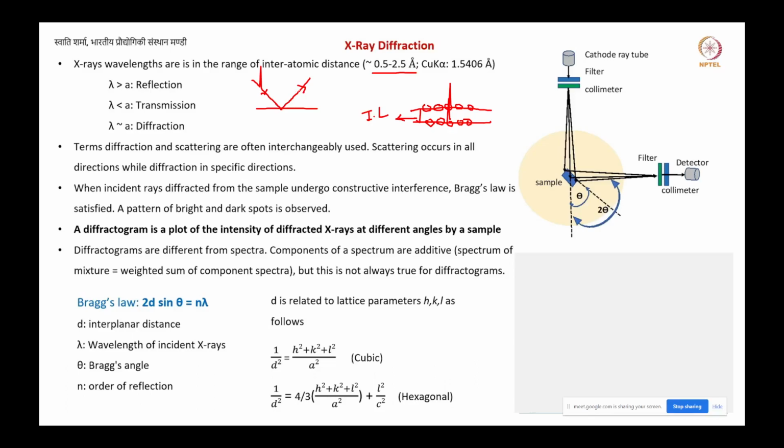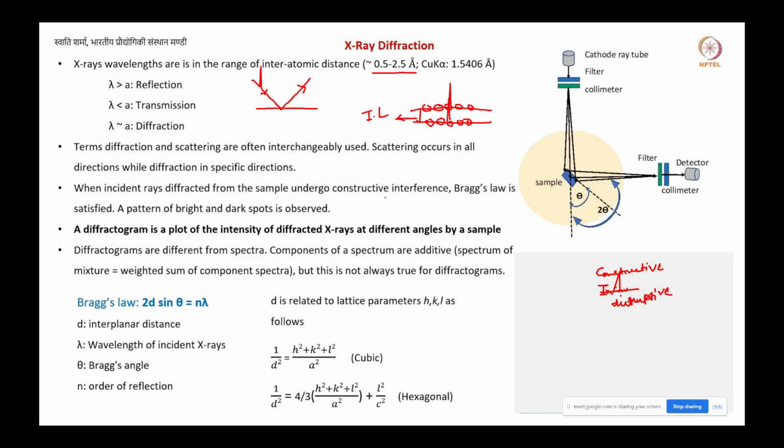Here a new term came, which is constructive, and the second one is destructive.